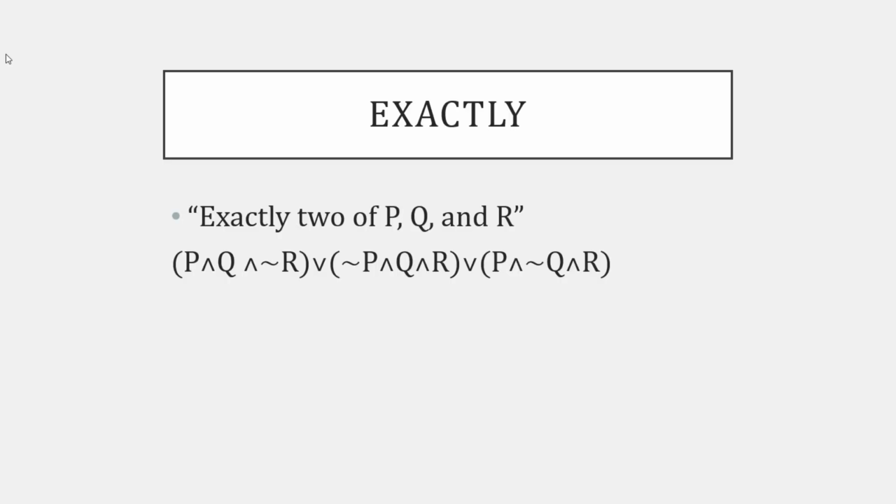So this is just trying to expand what we do with symbolizations a little bit. If you've got a really clear sentence that you can just pick out the ands and ors and buts, then you can just take the surface structure of the sentence as your guide to symbolization. What we're doing here is a little more advanced. We're trying to find something logically equivalent to the meaning of the sentence.